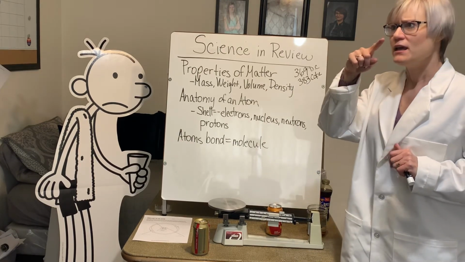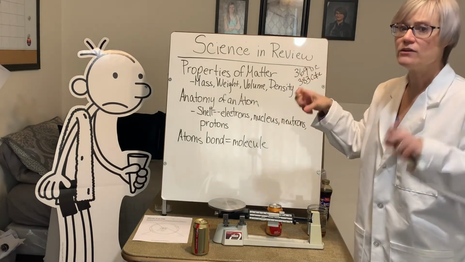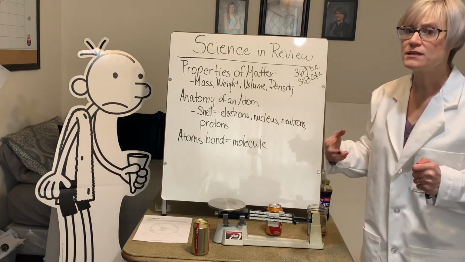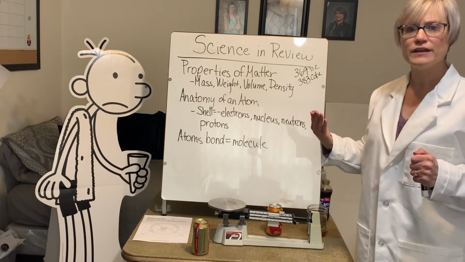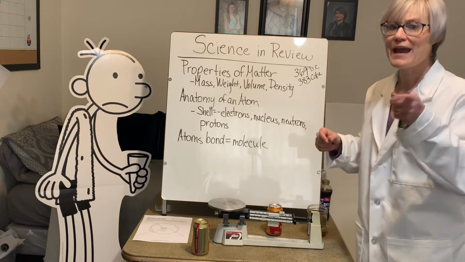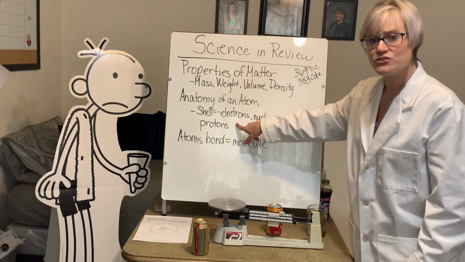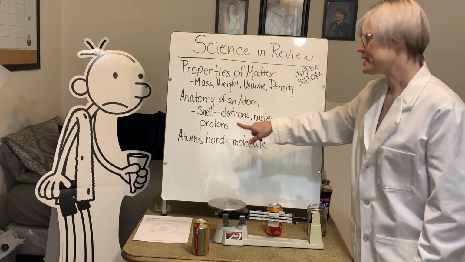So if it's in the orange shell, it has to stay in the orange shell. Now, it can move all different ways, kind of like Willy Wonka's elevator. It can move sideways, it can move upwards, it can move downwards, but it has to stay in its shell. So that's what the electrons do and where they are in the atom.